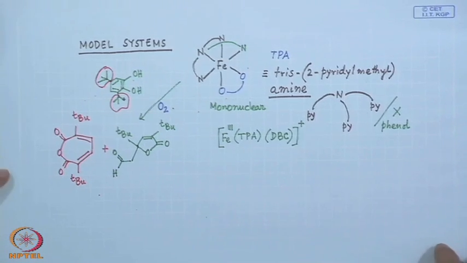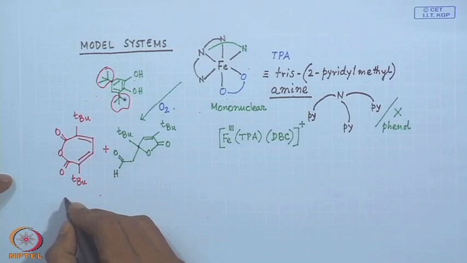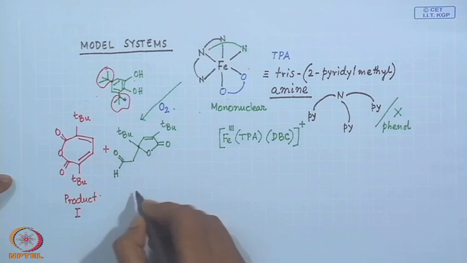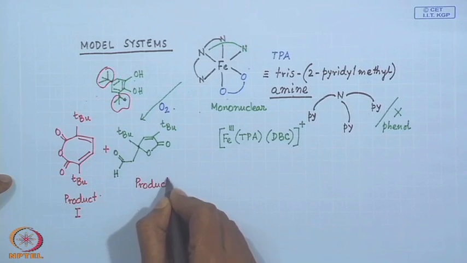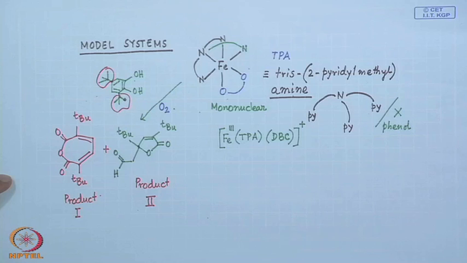So, basically from this reaction, after characterization of all these, we get product 1 and product 2 on a model system. So, it is a non-biological system.